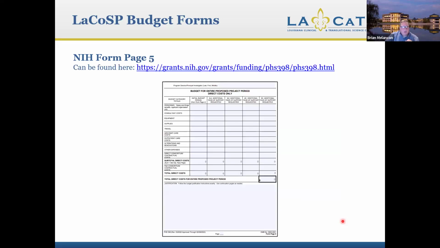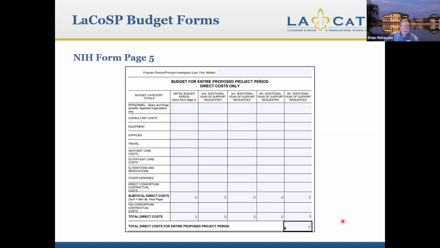Okay, touching on the next page that's required, that is the NIH form, page 5. You can find it on the same page that you could for the form, page 4, and the others. I'll touch base on 2 sections that are relevant here as well.